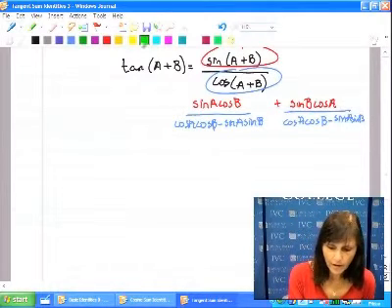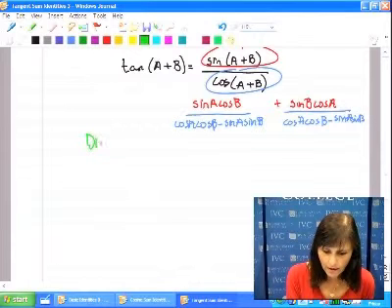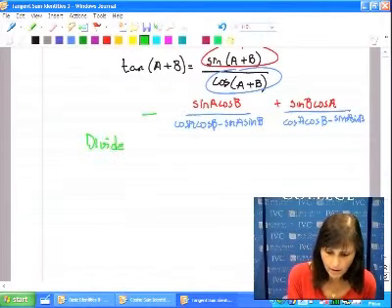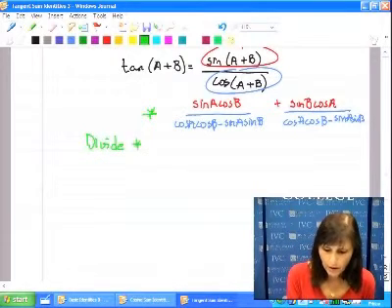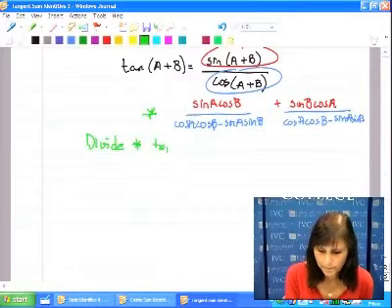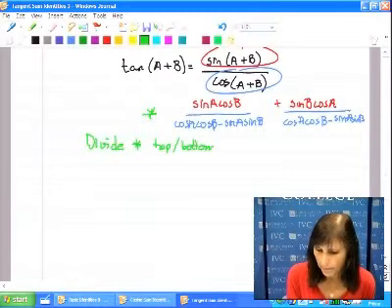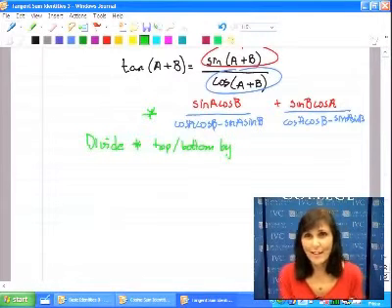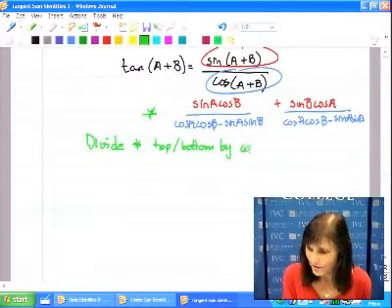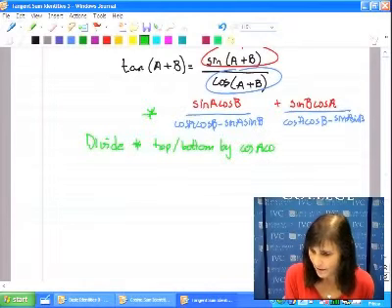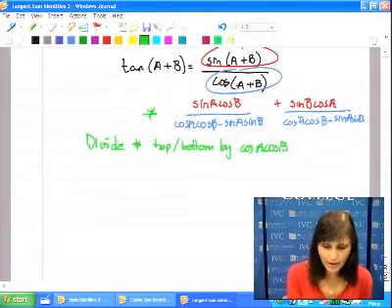Here's a trick. Divide top and bottom by cosine a cosine b, because I want to get tangent. So what do you get?